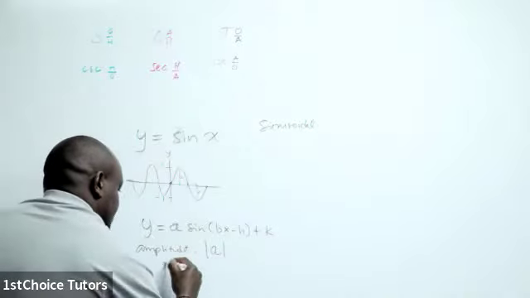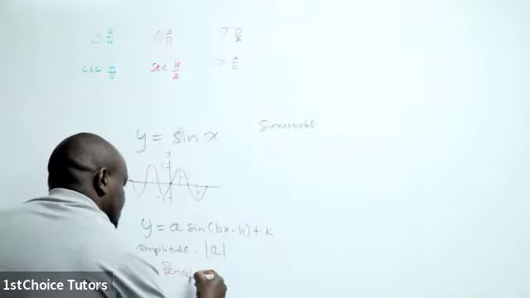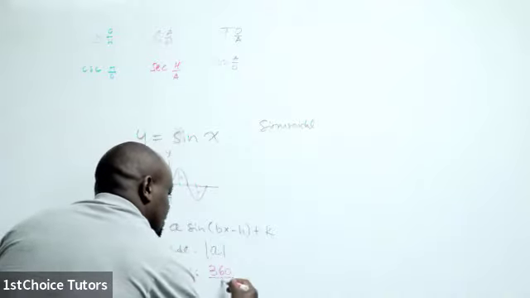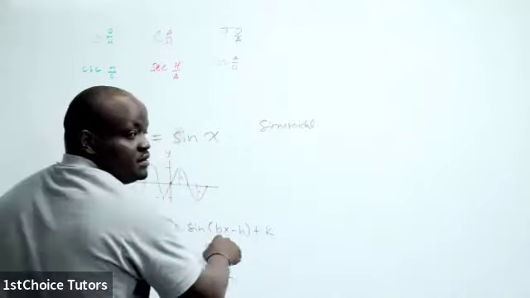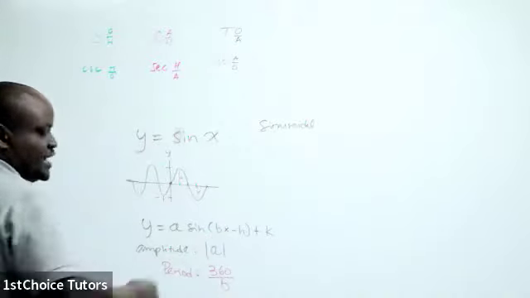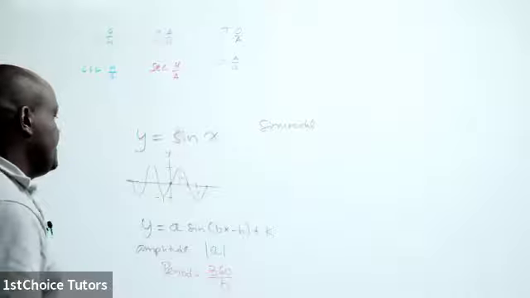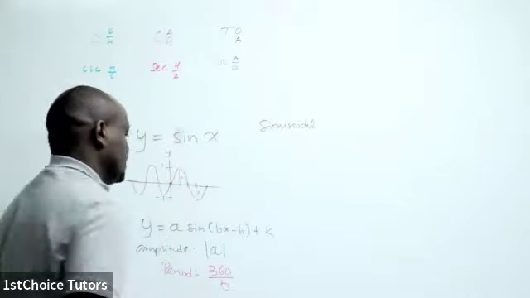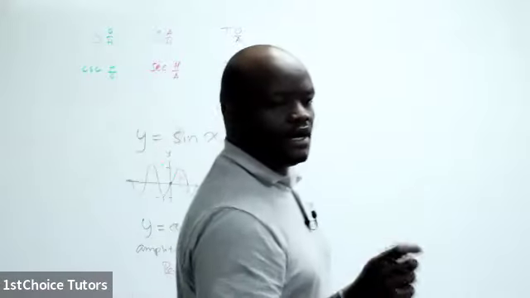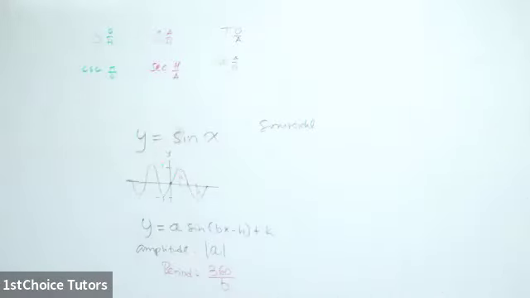To find the period of the graph, again, pretty simple. You always say 360 divided by whatever the b value is. Whatever thing is attached to the x is your b value. Simple as that. 360 degrees. Those are the two things you need. So are you given an equation, or is it just a question?